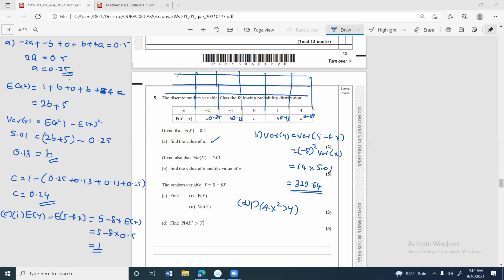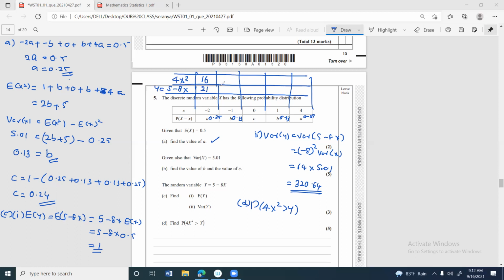Initially, we need to find the value for 4x squared and the value for y, which is 5 minus 8x. Then if x is minus 2, 4 into minus 2 squared is 16. Then 5 minus 8 into minus 2 comes to 21. This is y.